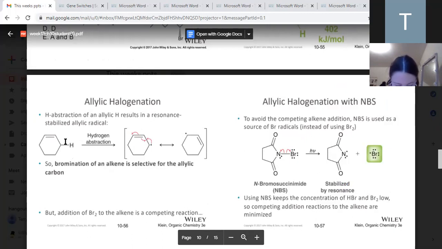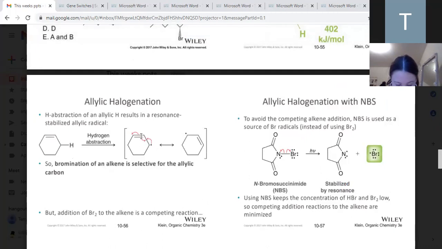When you remove this hydrogen and make the radical, you can move that double bond over, and now the radical is going to shift over here. So you have this resonance. This is called an allylic resonance. So these are always very reactive, and they're great to go.